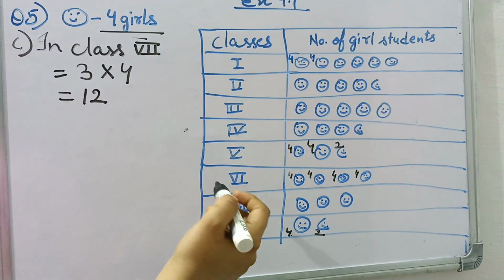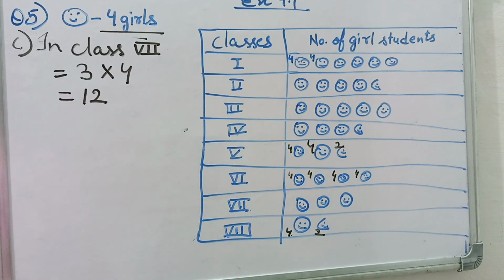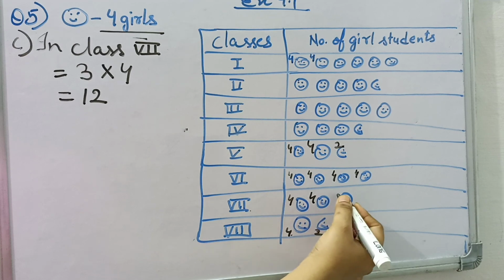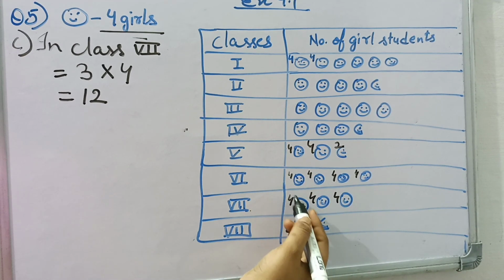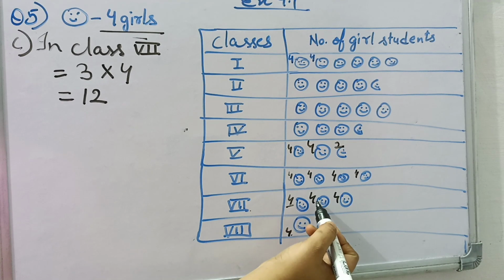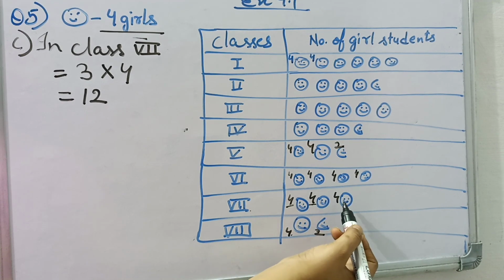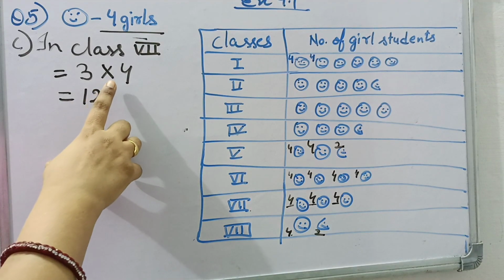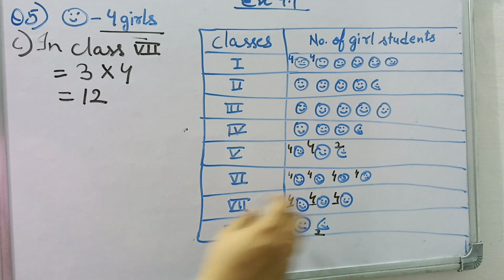So in class 7 there are 12 girl students. You can also find them with the method of addition by just writing the number of girl students represented by each face. So this face is representing 4, next is representing 4, and then the third is also representing 4. So 4 plus 4 plus 4 is 12. So whichever method you can choose, whether multiplication or addition.